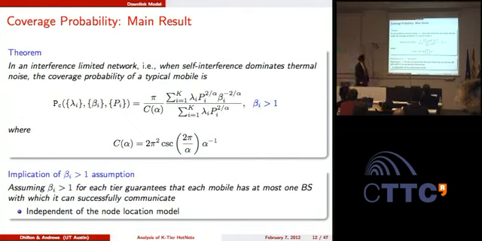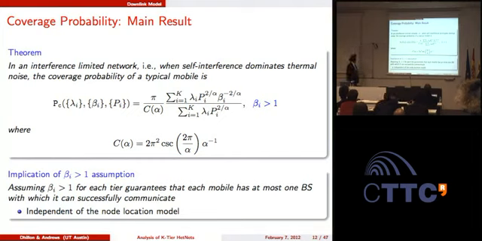A little aside here is that if you use this in, say, some optimization problem, a lot of people were discussing optimization problems, and say you have a constraint that your coverage has to be greater than a certain value, say C. In that case, the constraint which you finally get is basically a linear constraint in these densities. So it lends a lot of tractability to the problems.